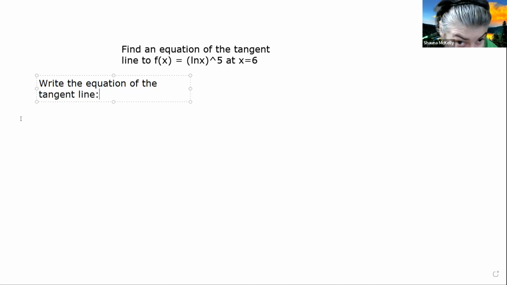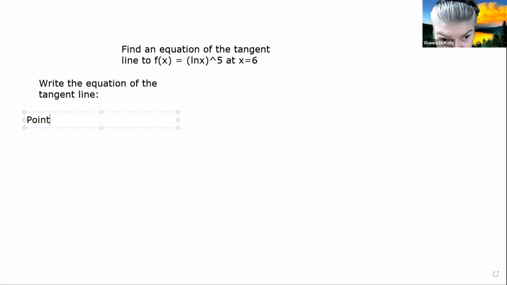I need the point, which will either be partially or completely given. If they give you a pair, you don't worry about it. If they give you just an x coordinate, you have to find the y.